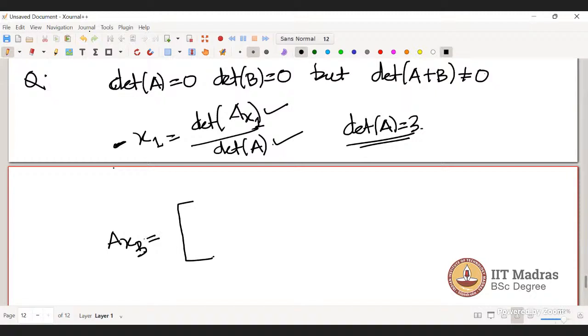Your Ax3 is 1, 0, 1, 0, 1, minus 1, and 1, 1. So you just compute the determinant. Let me compute it. Sir, I'm getting 3. Determinant of A is 1. Maybe I have made a computational error then.